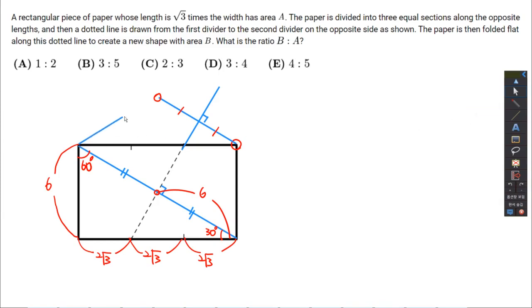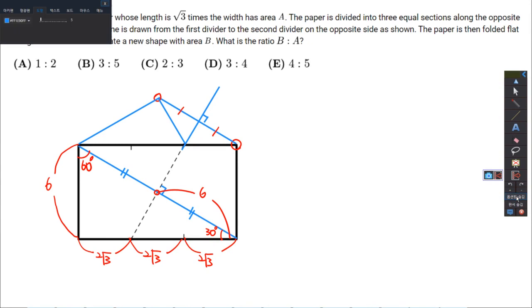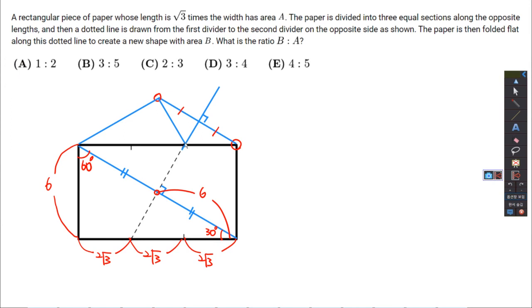So after folding, the total figure after folding will look like this.